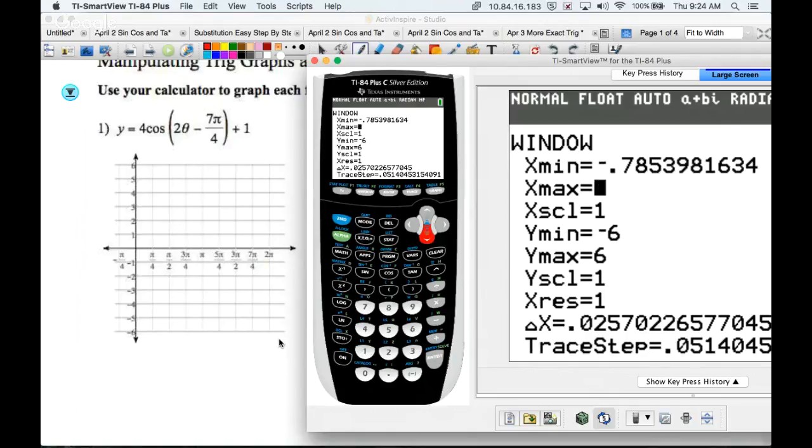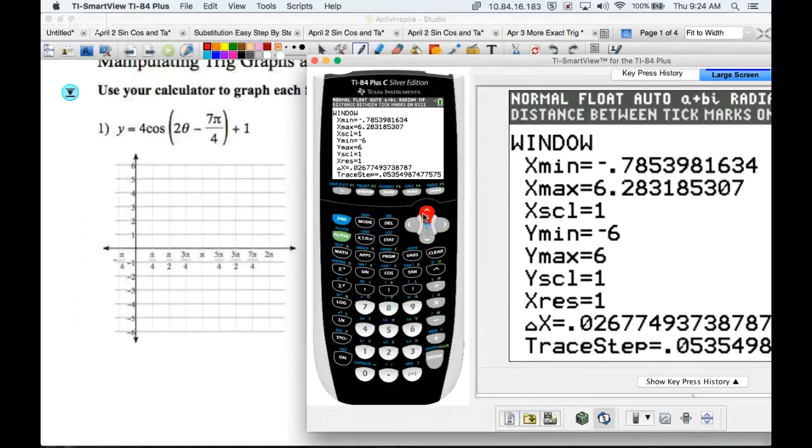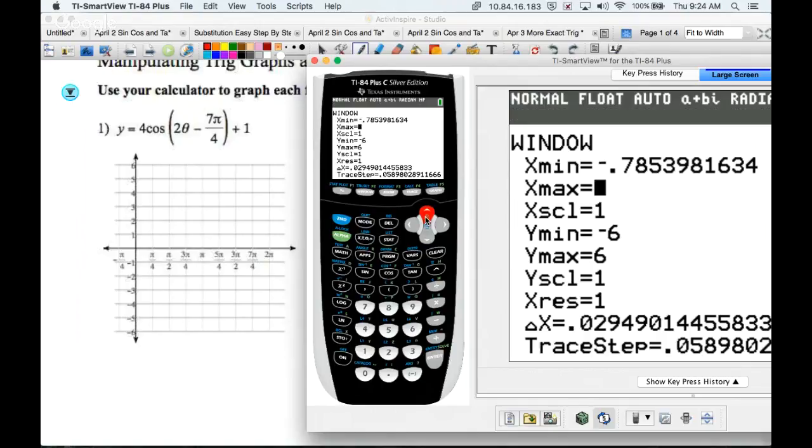The furthest I see it going over this direction is 2 pi. Maybe it goes 1/4 of a pi further. So maybe we want to do a little more than 2 pi. So 2 pi would be equal to 6.28. Maybe we round that up to 7. And maybe we round this one down to -1. It looks like we can see it a little bit further than negative pi over 4 here.